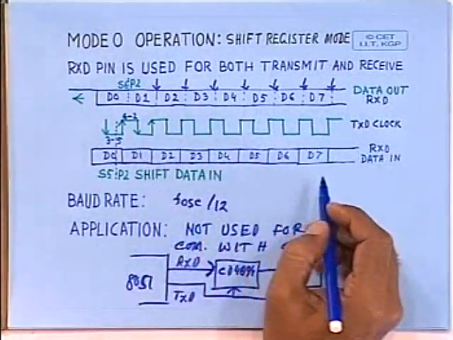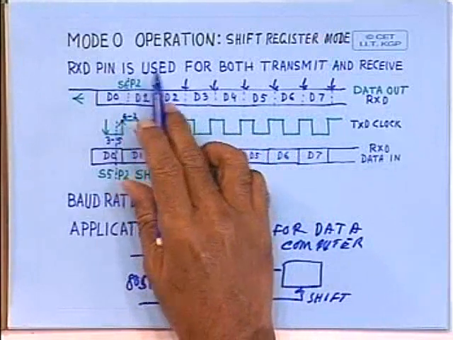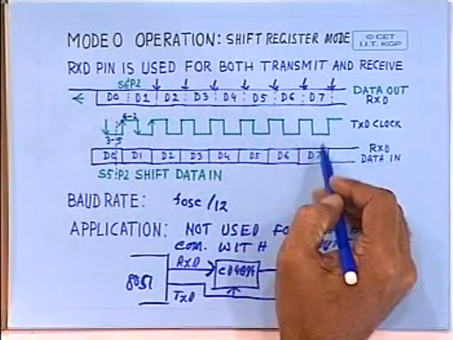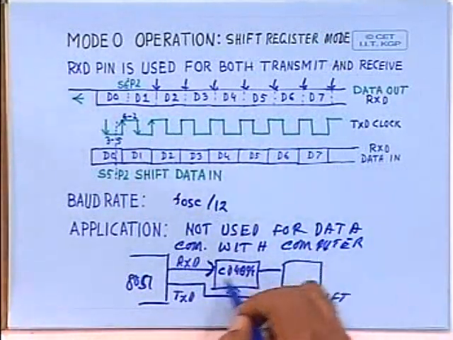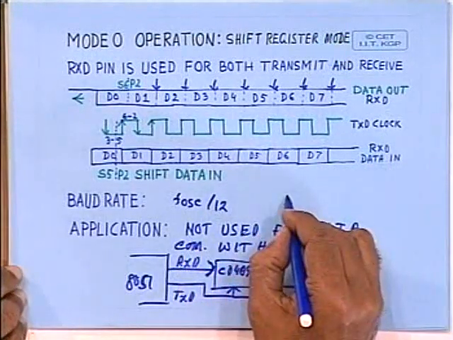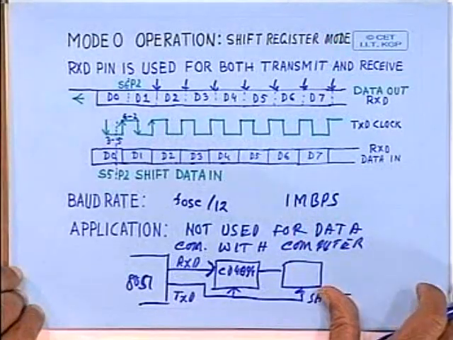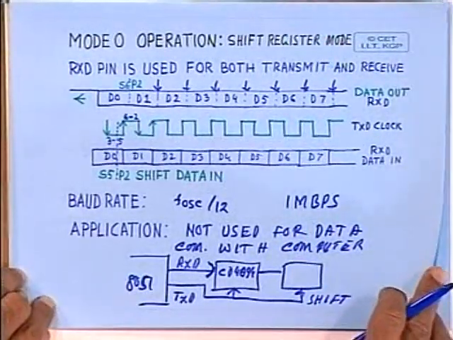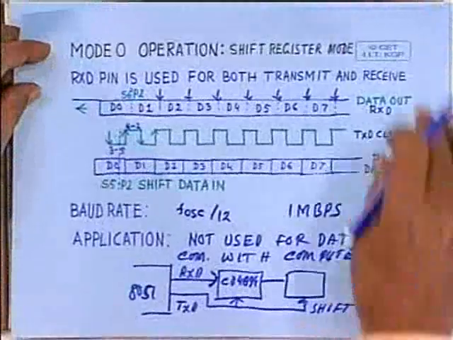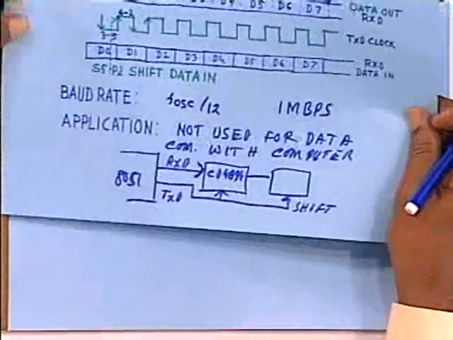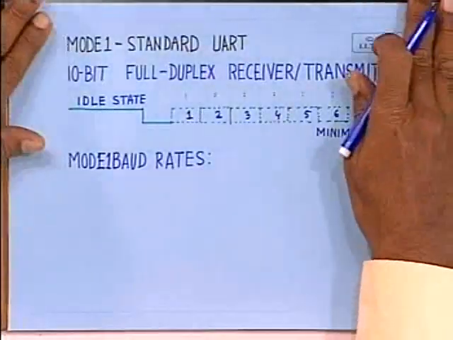So in this way, you can shift 8 bits of data at a time, and as you can see, this can be used at a high speed, a maximum of 1 megabit per second. So this mode is useful for communication with some discrete devices.